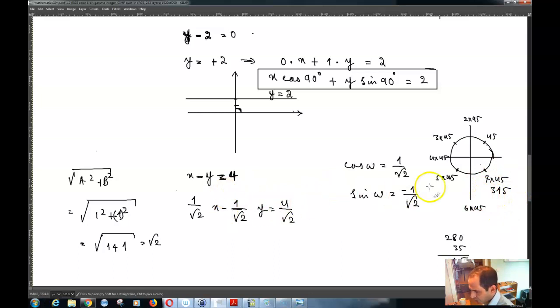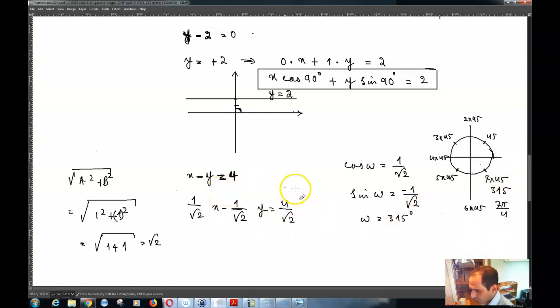But of course I was not aware of the square root of 2 and the whole story there. So that means that your omega is equal to 315 degrees, or in radians, 7 pi by 4.